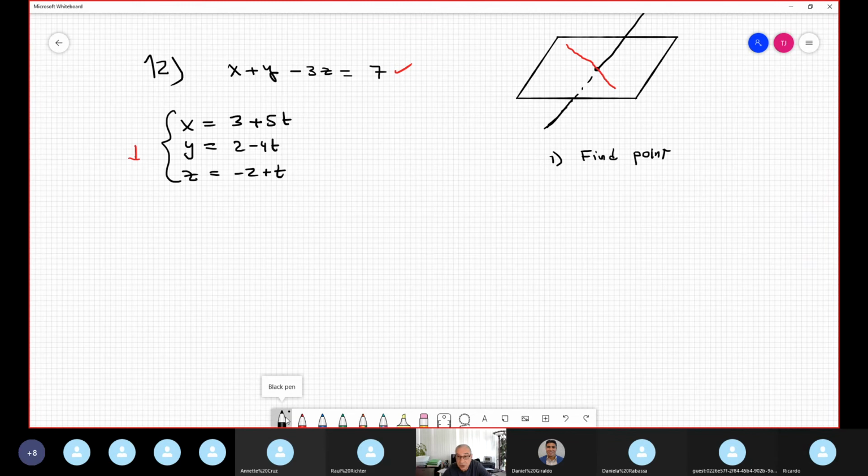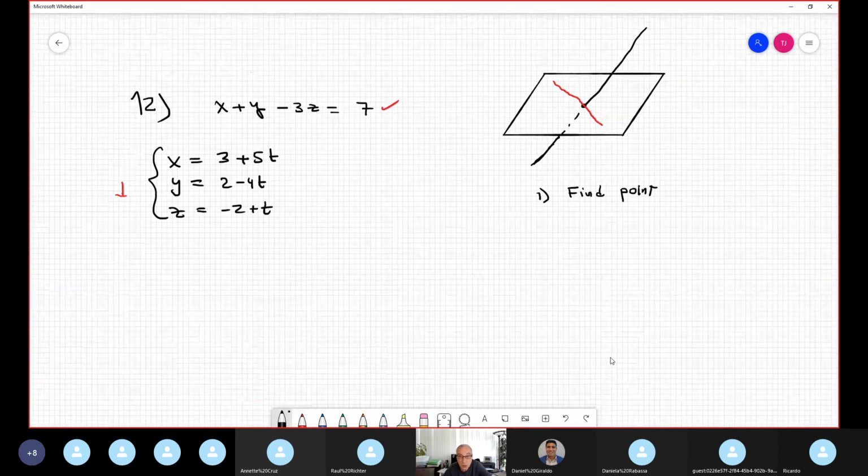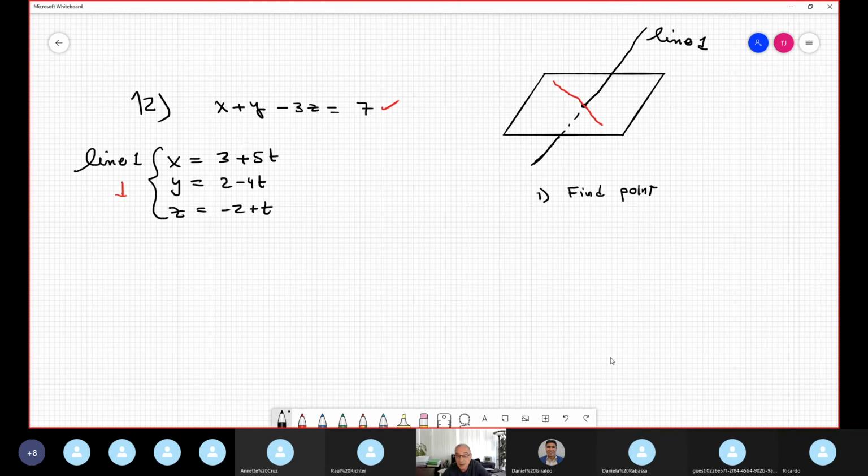The point in which the given line, let me call it line 1, intersects the plane or not. So you need to find this point. Let me call it P. Find P.